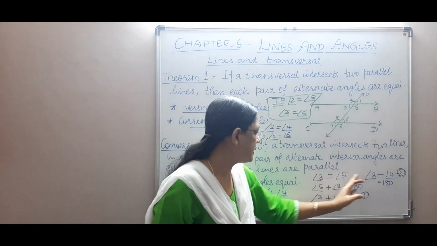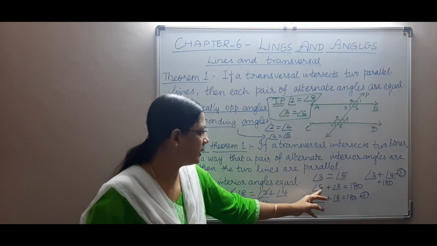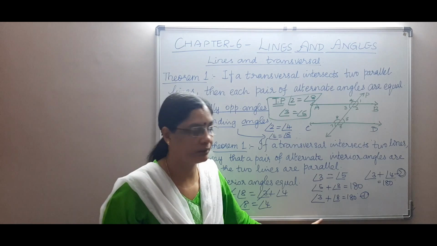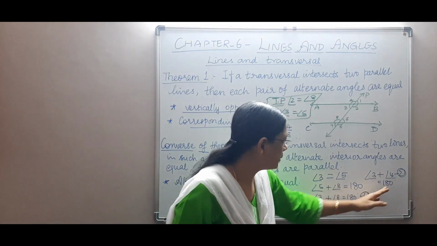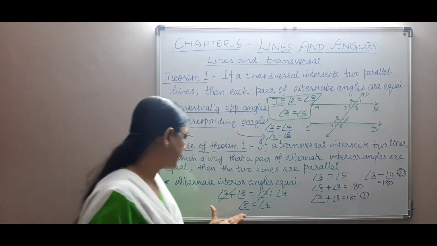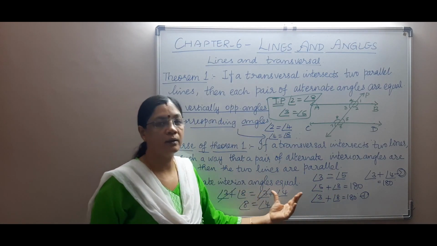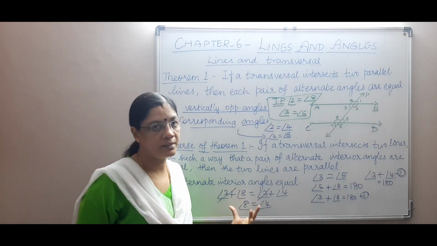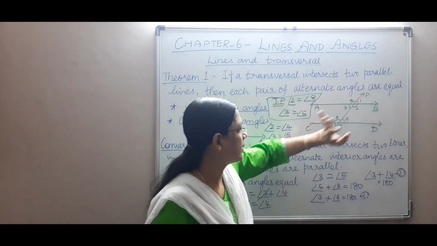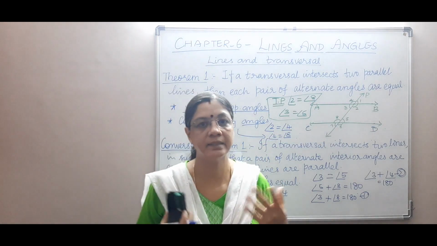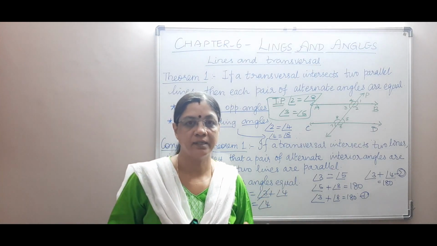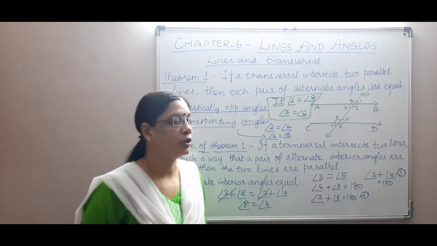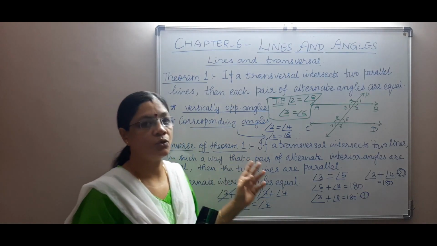Then angle 3 is equal to angle 5, so I rewrite angle 5 as angle 3. Angle 3 plus angle 8 is equal to 180 degrees. I equate both equations. So I get angle 3 plus angle 8 is equal to angle 3 plus angle 4. 3 gets cancelled. I get angle 8 is equal to angle 4. Since the corresponding angles are equal, we say the lines are parallel. So the converse of theorem 1 is also true.